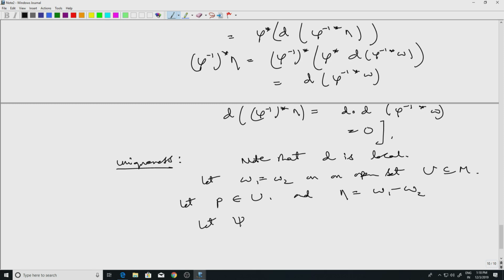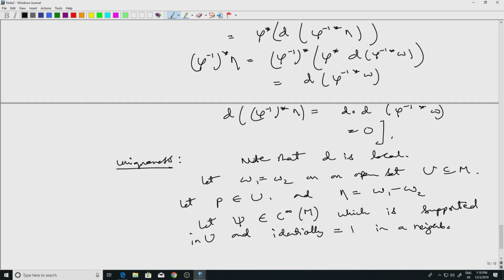Let C be a C infinity function on M, which is supported in U and identically equal to 1 in a neighborhood of P. This is the usual cutoff function that we have been looking at. So it's identically 1 in this red neighborhood, and its support is inside U as well.